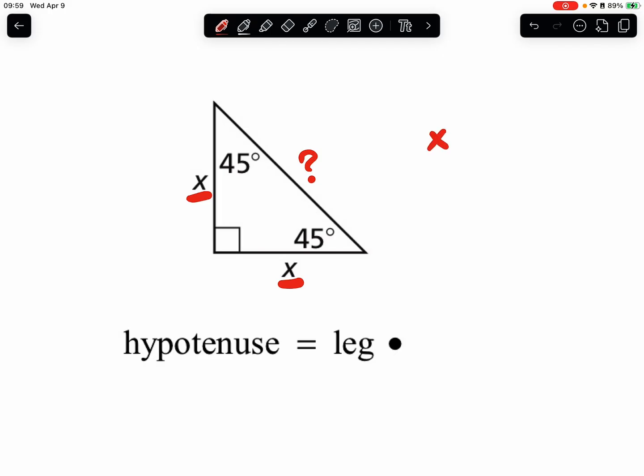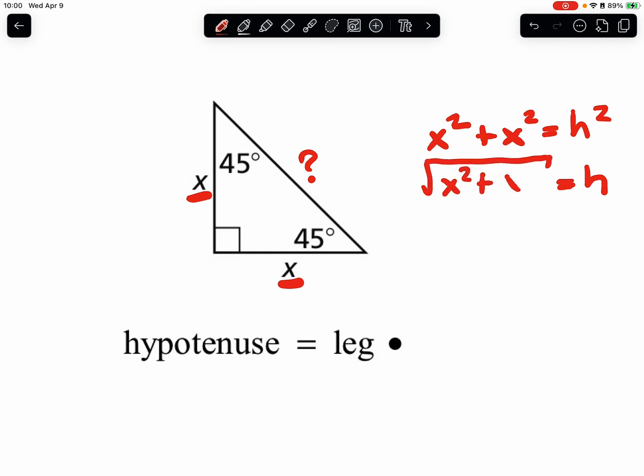We do know that x squared plus x squared will equal that hypotenuse side squared. Now remember, to find the hypotenuse, we'd have to take the square root of this side here. And you'll recall that if I add up these two things, we end up with 2x squared.